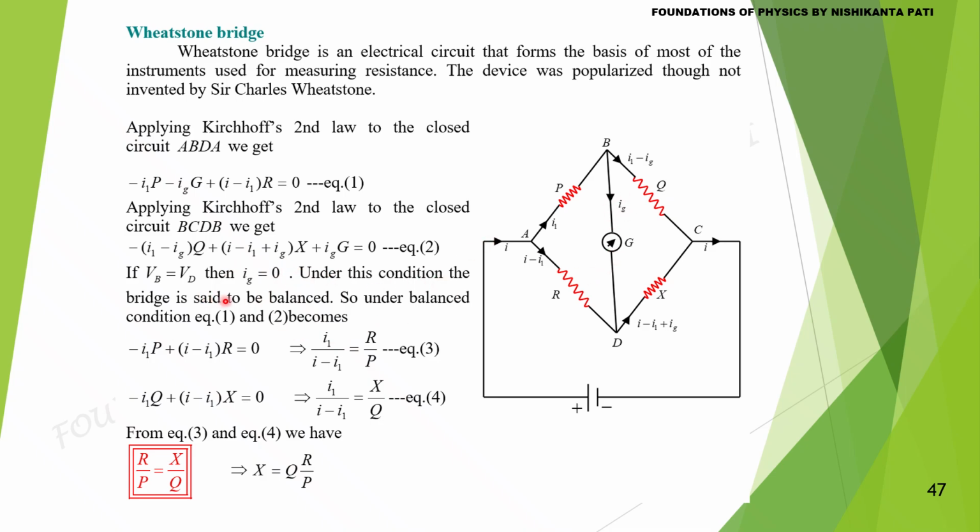Under this condition, the bridge is said to be balanced. So putting Ig as 0 here and here, we get equation 3 and equation 4. On comparing equations 3 and 4, we get R by P is equal to X by Q, or X is equal to Q into R by P.